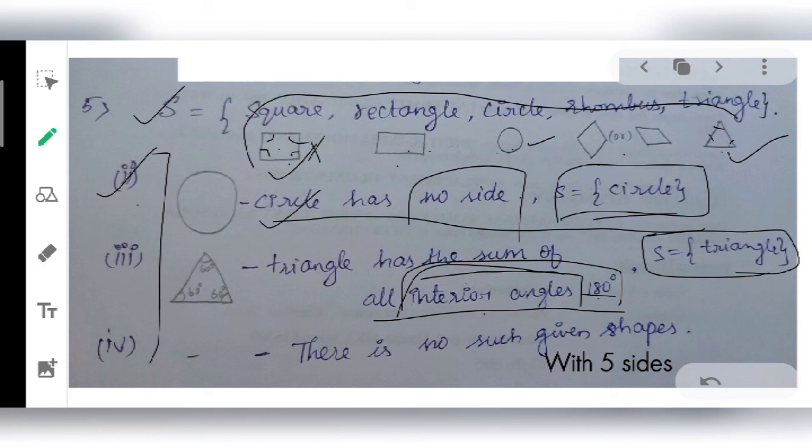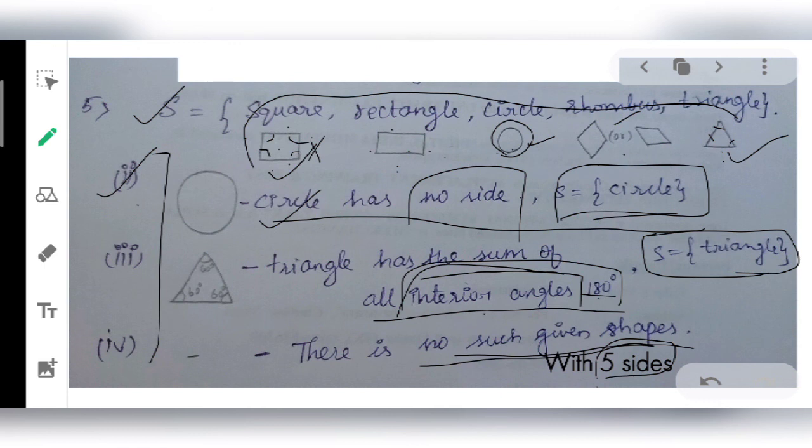And your fourth question is to denote the shape with 5 sides. You can check: the square has only 4 sides, the rectangle also has only 4 sides, the circle has no sides, the rhombus also has 4 sides, and the triangle has 3 sides.